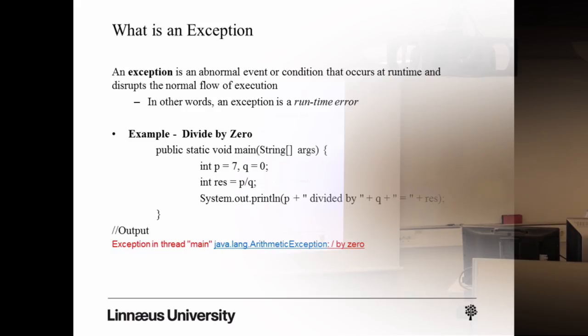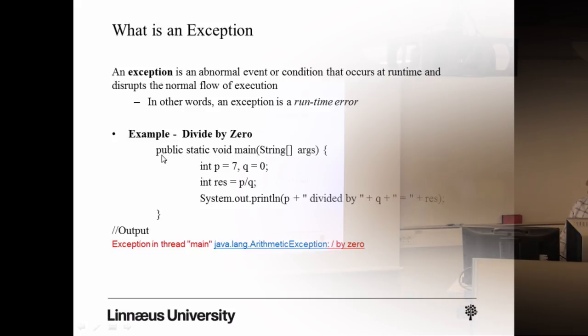If you are not handling the exceptions properly, and there is an exception in your program, it's like a bug or an error, and it will disrupt the flow of your program. Your program execution will stop, and the Java runtime system will provide you with some information about the error. So in other words, an exception is a runtime error.